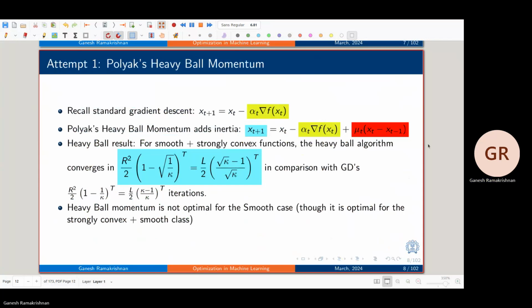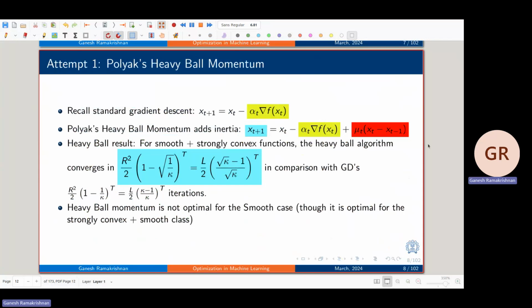Yes, the square root will be less. So there is some speed up in convergence, but it's still not a significant speed up.